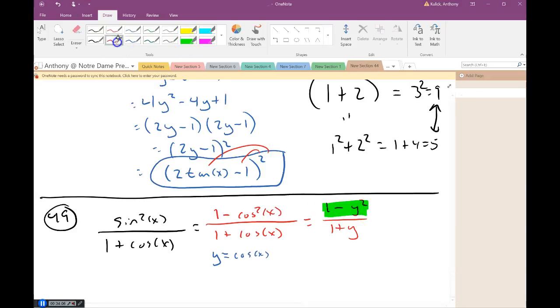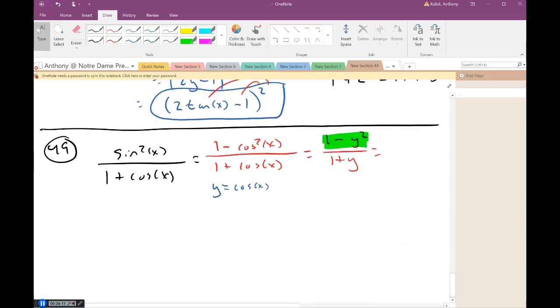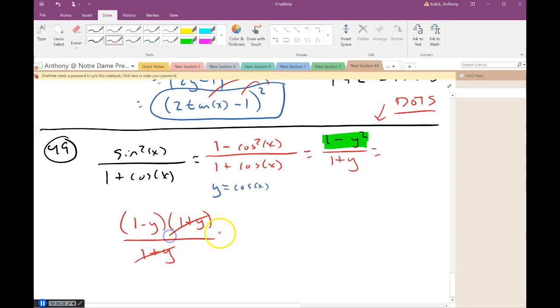Does that factor? Yeah, what kind of factoring can that do? I heard somebody say it. Difference of 2 squares? That's DOTS, right? And that's as good as we can do.